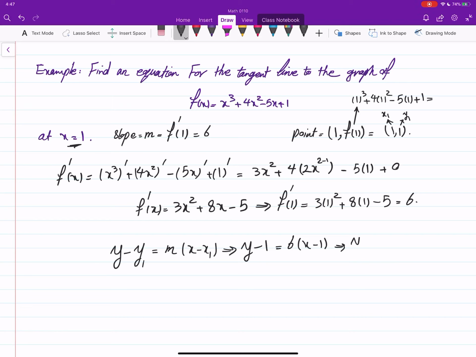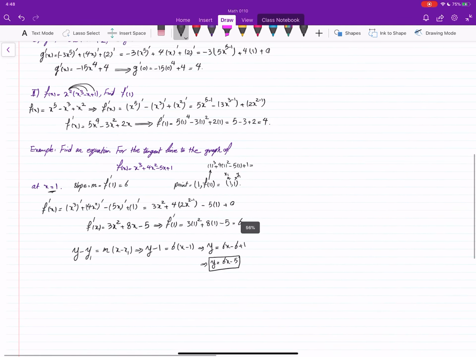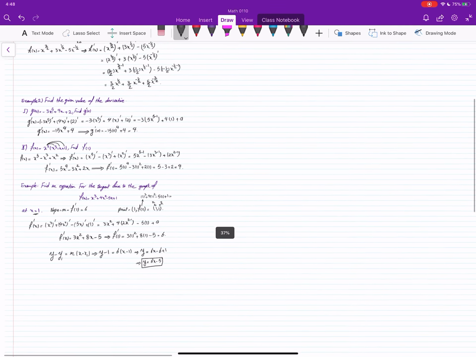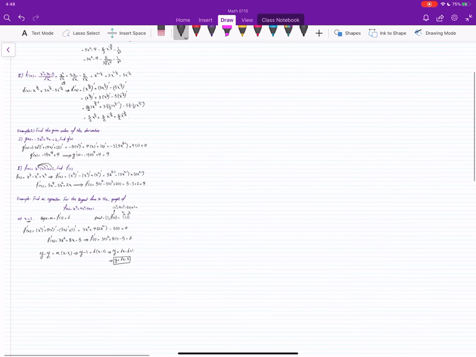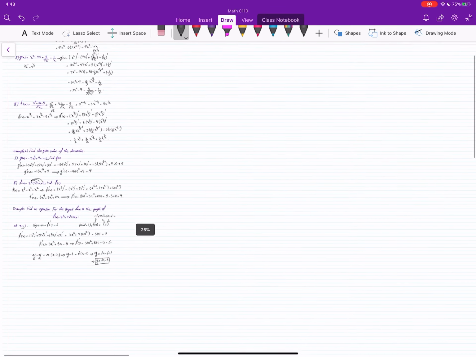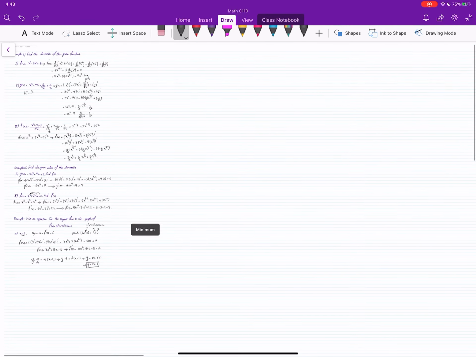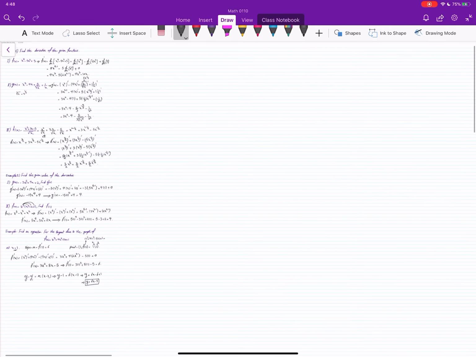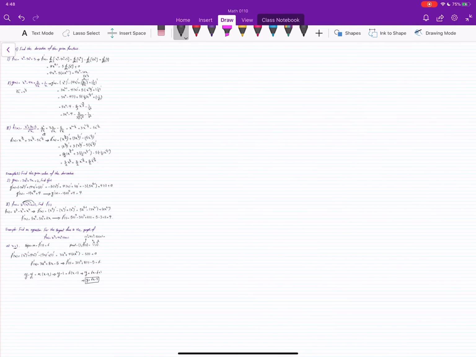That gives us 6x minus 6 plus 1, and y is 6x minus 5. Well, we did some examples. I hope that these were enough for you to review section 2.2 and the rules covered in that section.